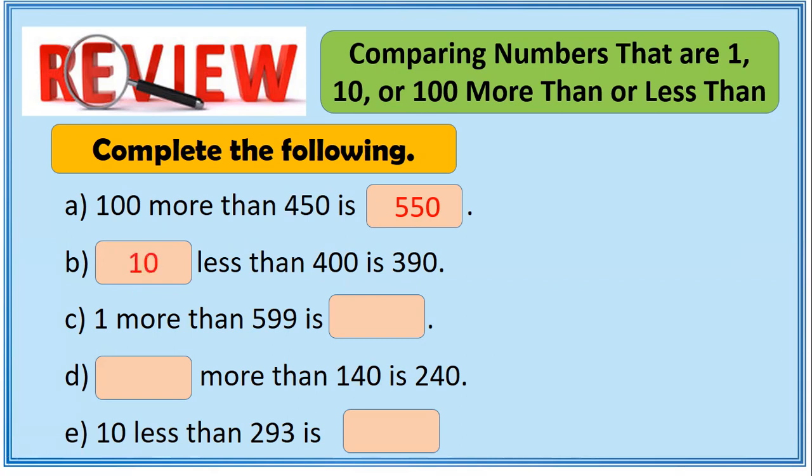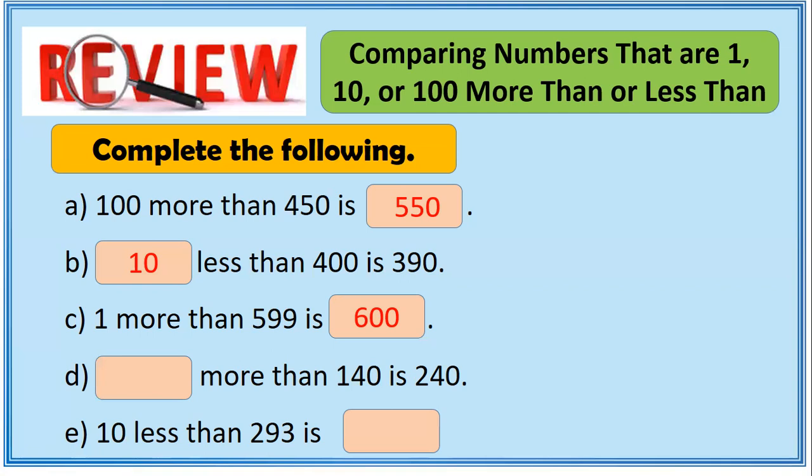Very good. Next, 1 more than 599 is, great. Next, blank more than 140 is 240.